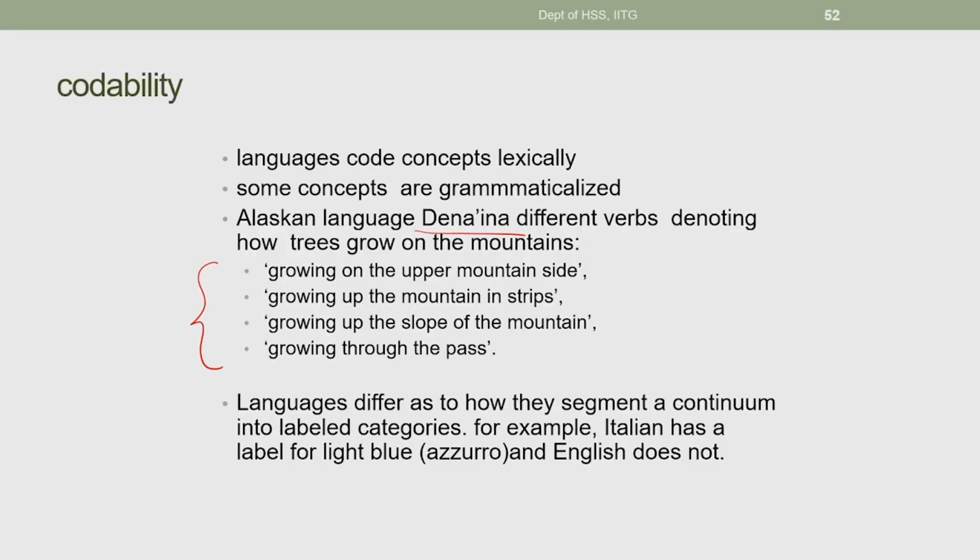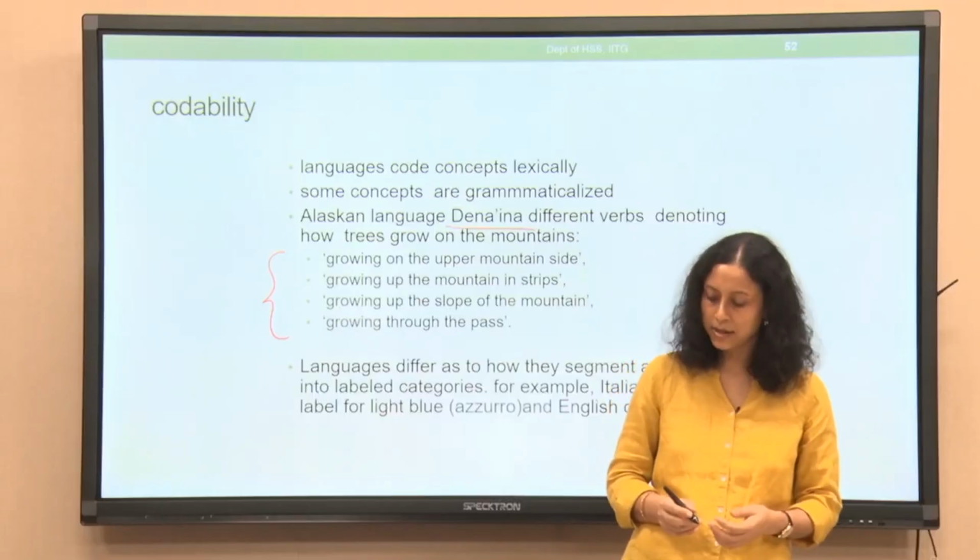For us, we do not really have any language that we speak. If you think, probably we do not have such finer nuances of trees growing on the mountain slope, with so many different single words that denote that understanding. So, this is what we mean by codability. These concepts are codable in this language, whereas it may not be in another language.